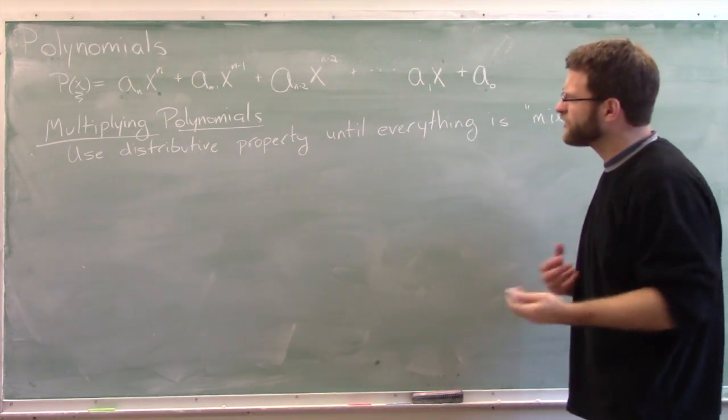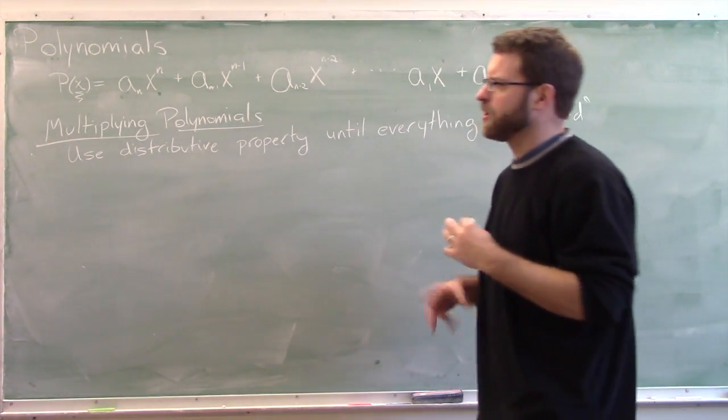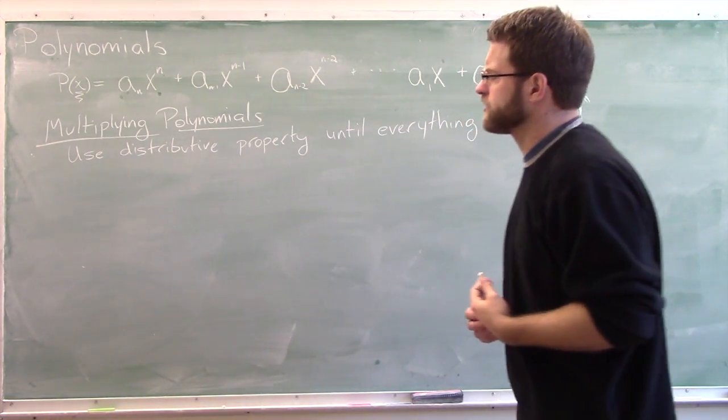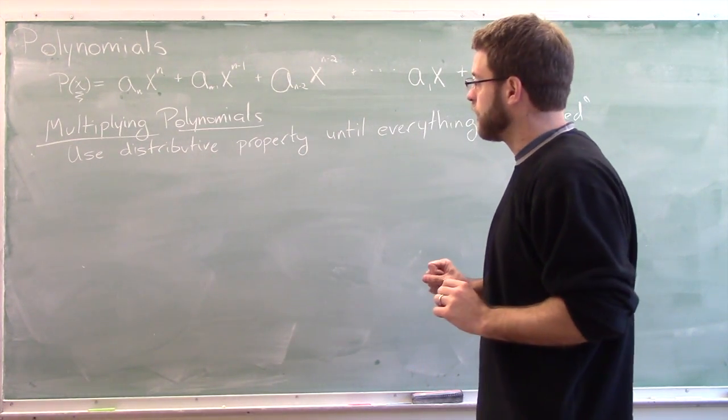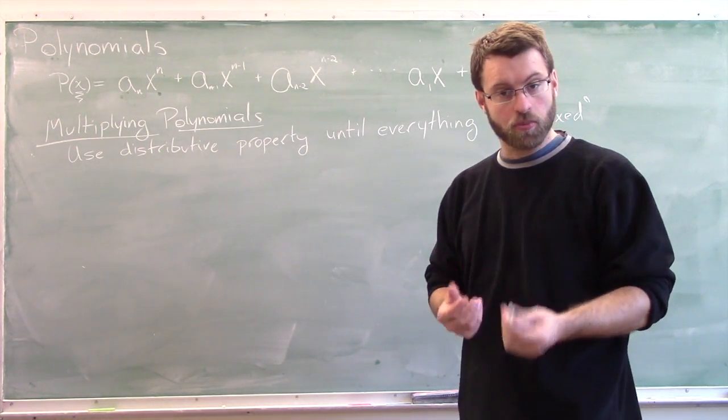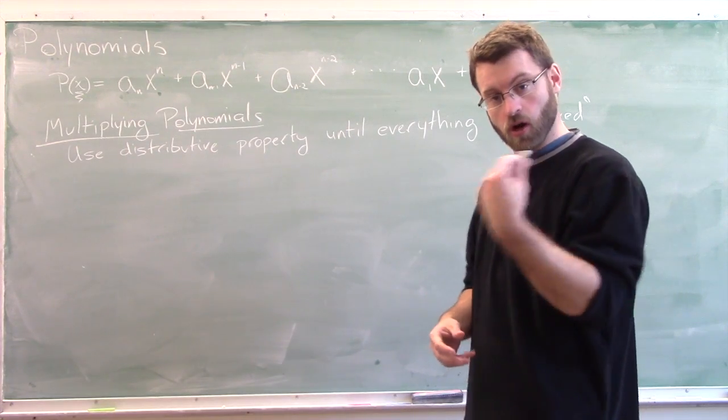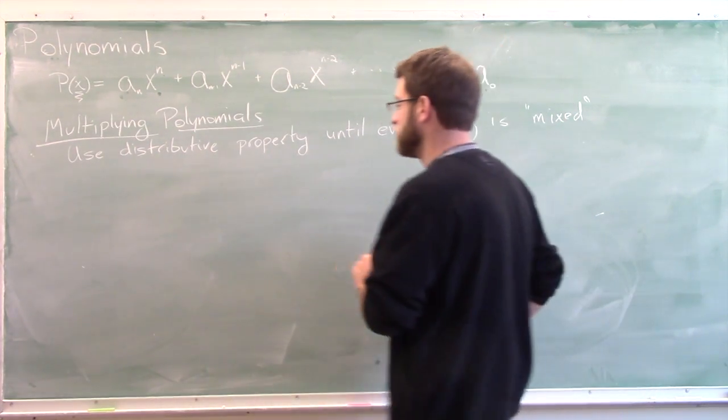I'll say until everything is mixed. Okay, so to give you an example of this, what I'd like to start with is two very, very simple polynomials. Maybe polynomials with just first degree terms, so constant terms and maybe x terms.